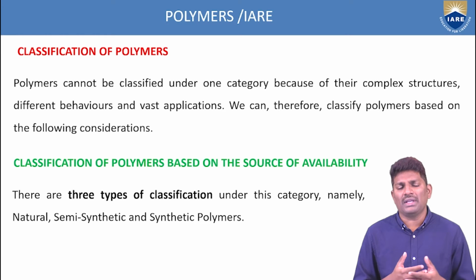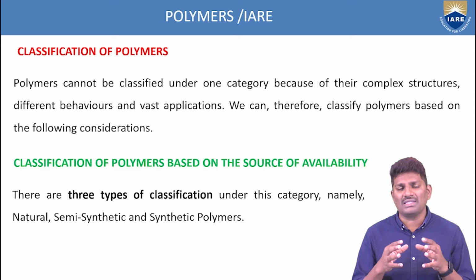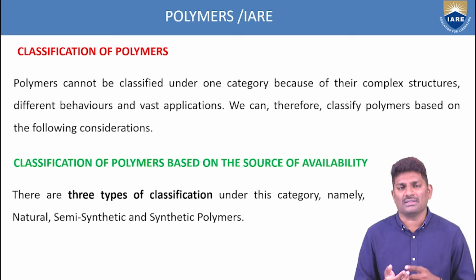The other thing is that it has wide applications. You have n number of applications when you consider polymers. So because of these three basic things, what are those? The first is the complexity in the structure. The second is the different behavior of the material. And the third is that it has very wide or vast applications.